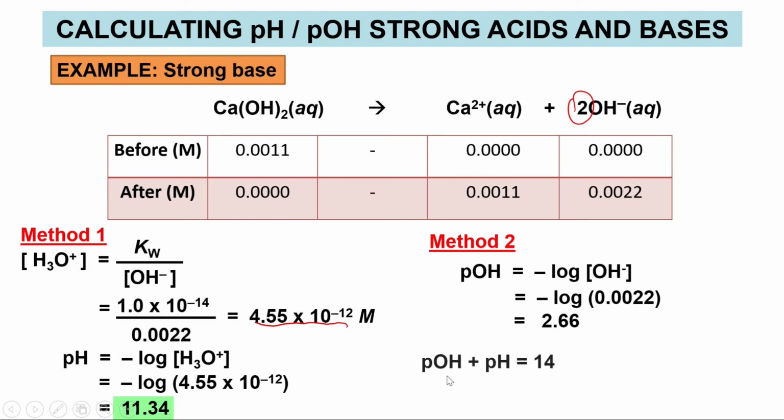Remember the equation that correlates pOH and pH: pOH plus pH equals 14. So just substitute the value of pOH here, and you are going to get the pH value, which is 11.34. So it's just the same. It's up to you to choose which method is easier. Both are correct.